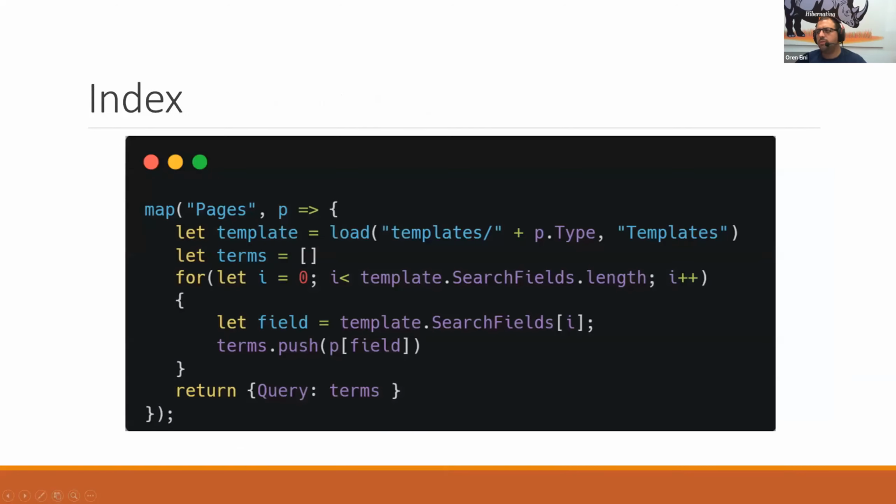And the answer is quite simple. Here's what I'm doing. Again, operating on pages, I'm going to load the relevant template based on the type of the page. And now look what I'm doing here. For each one of the fields that I'm going to search, I'm looking them up in the page and pushing that to the terms. And I'm just indexing all of those.